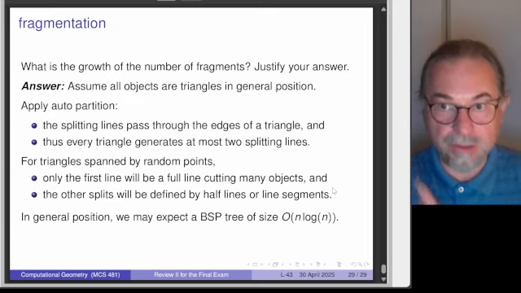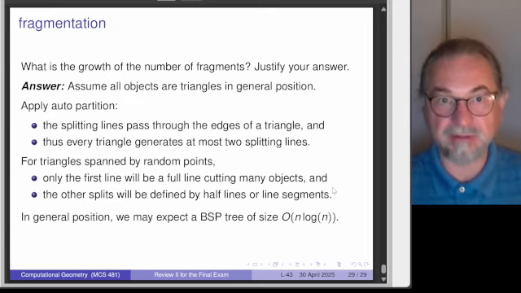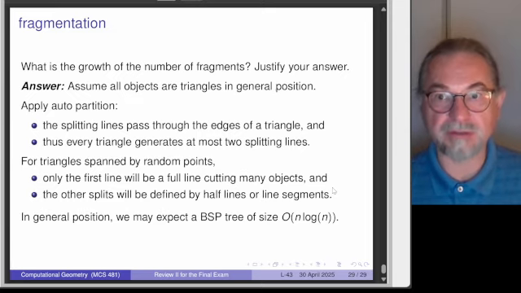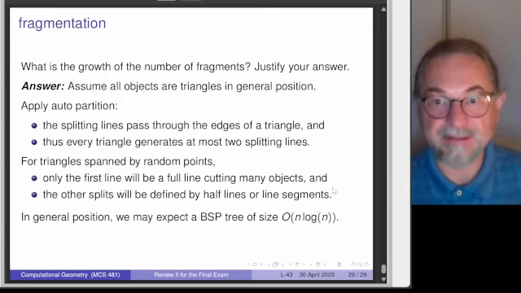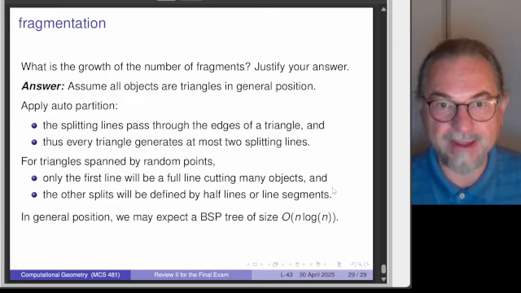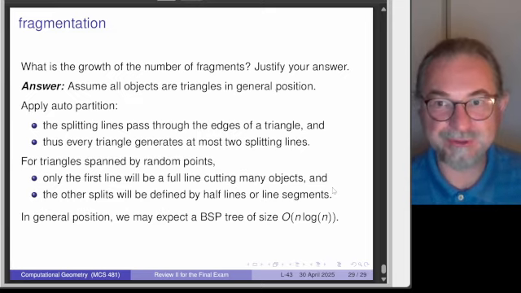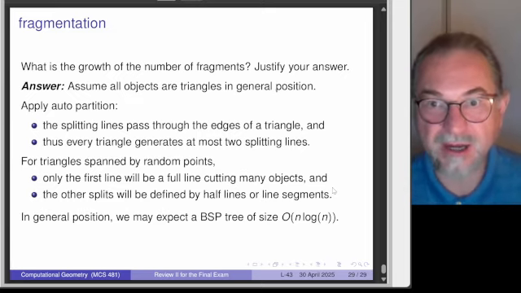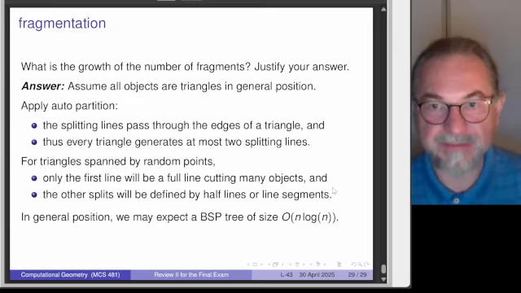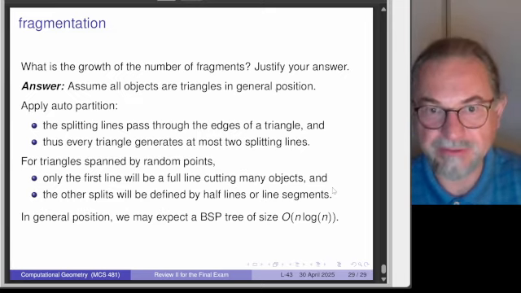Each time we cut the remaining number of triangles in half. So we end up with something that is expected to be of size n log n. Now this is an expectation with a lot of assumptions, and in some sense, it is an optimistic bound.